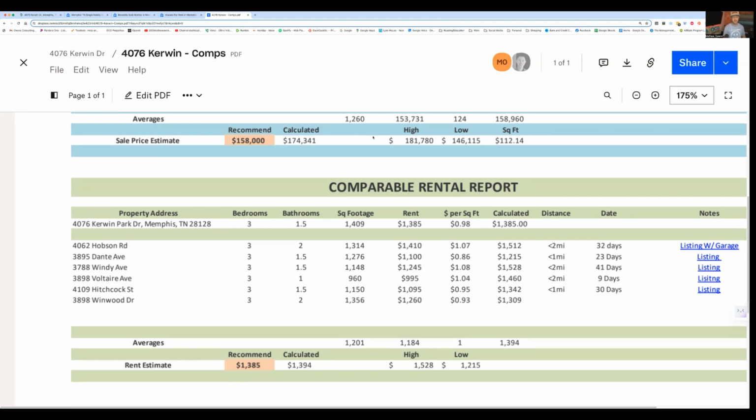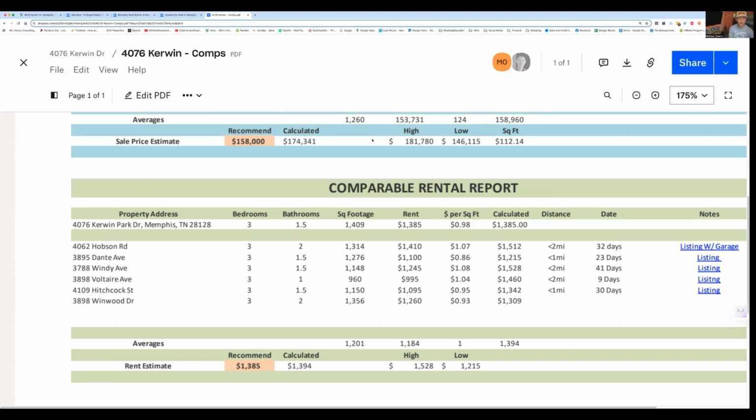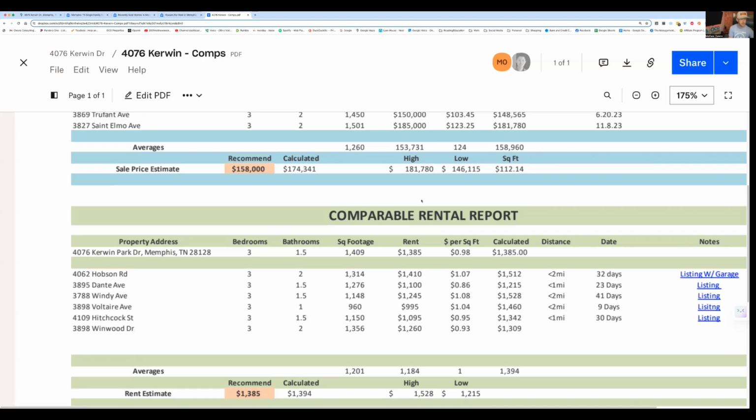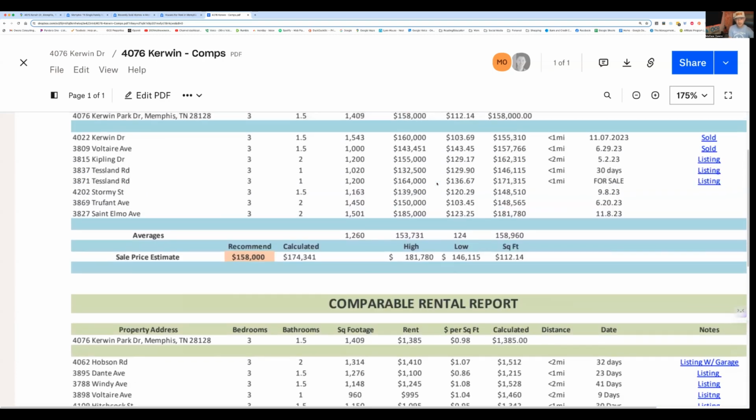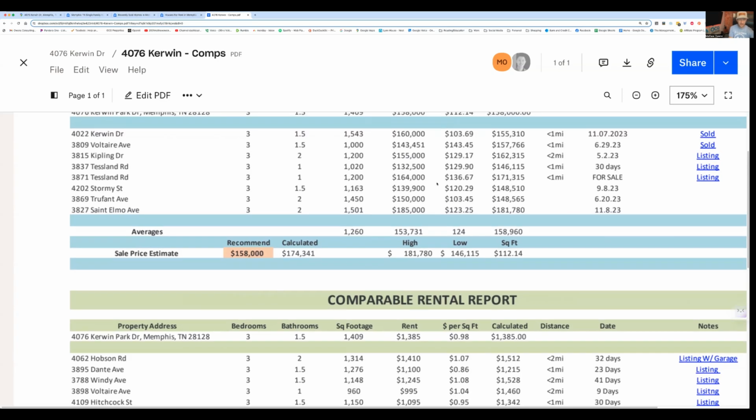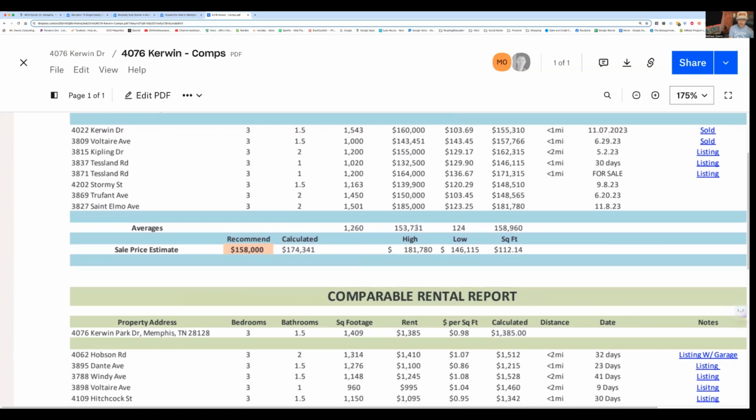So at the end of the day, we're looking at what the averages are and I'm going to make an adjustment between the two, right? I'm going to find a way to make this work. So if you look here, you're seeing a $160,000 value, and the average of all these is 153.